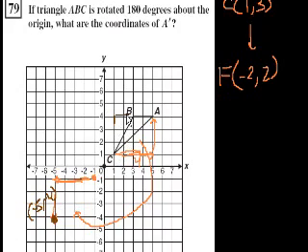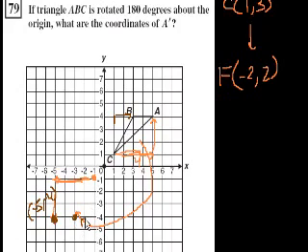So B, you go up 3 and to the right 2. So rotating about the origin, the new B, you'd go 3 down to the left.